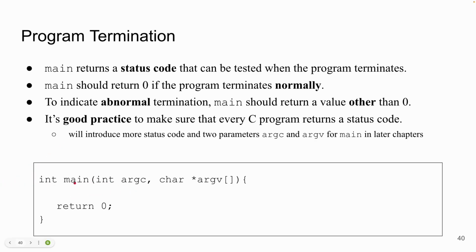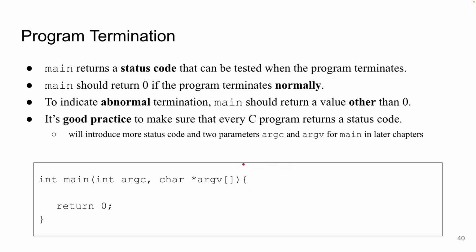And you can see that in this case, we can also have a parameter list in the main function. So we can input some values when we run our C code, when we run the exe files. We can use these two parameters to get information from the command line.